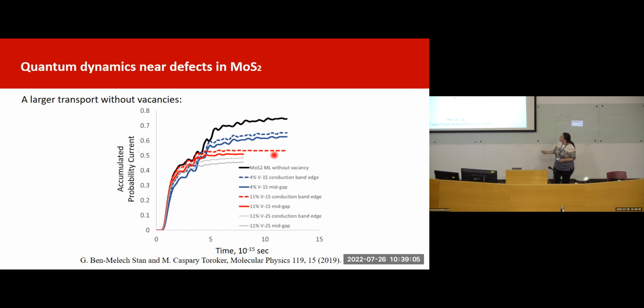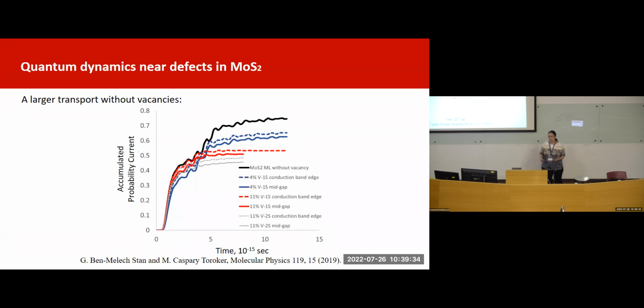So the solid line is where the electron average initial energy, the incoming electron that starts to transport, has an energy located at the mid-gap states, at the trap states, just to see the contribution of those trap states to the overall current. Whereas the dashed lines are a transition at the conduction band.